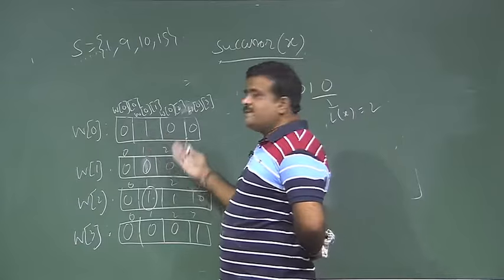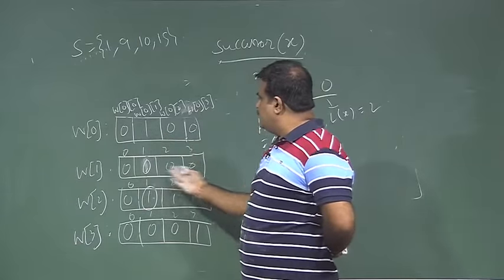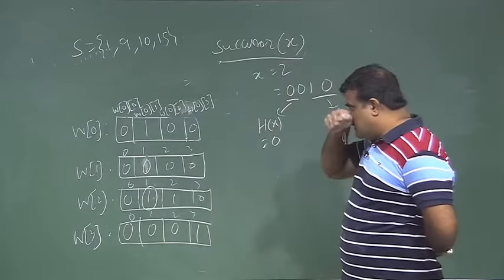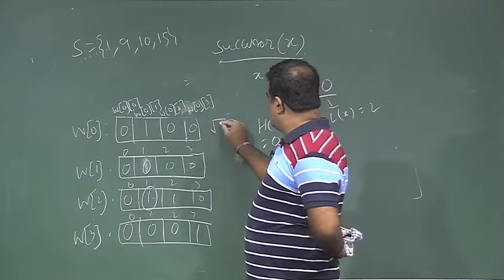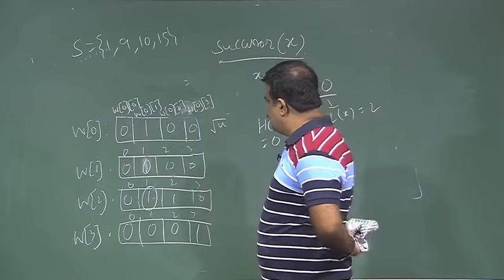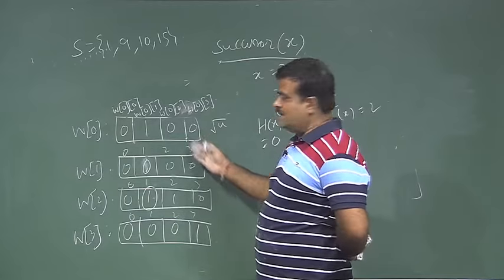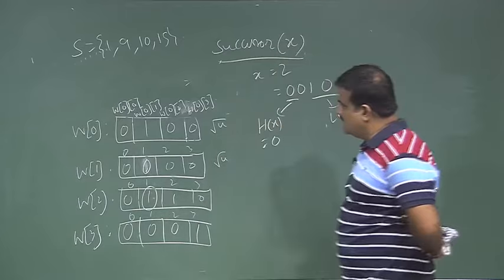We find the non-empty bit in this after this, and then we find the non-empty bit in this. To find the non-empty bit in this, it will take order of root u time, because the size is order of root u. Again, we may not get the successor here, so we may have to find the non-empty successor here like this.